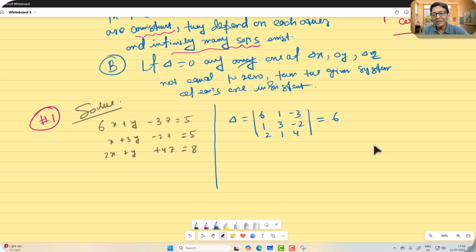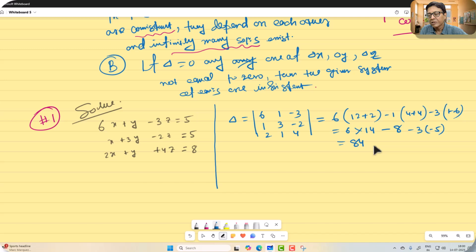This is going to be 6 into (12 plus 2), minus 1 into (4 plus 4), minus 3 into (1 minus 6). That is 6 into 14 minus 8 minus 3 into minus 5, so 84 minus 8 plus 15. This comes to be 91.